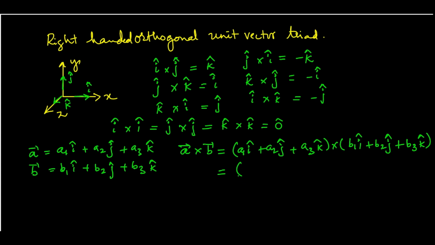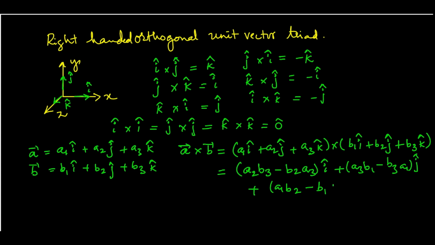So if you do the whole thing, you will get (A2 B3 minus B2 A3) i cap plus (A3 B1 minus B3 A1) j cap plus (A1 B2 minus B1 A2) k cap.